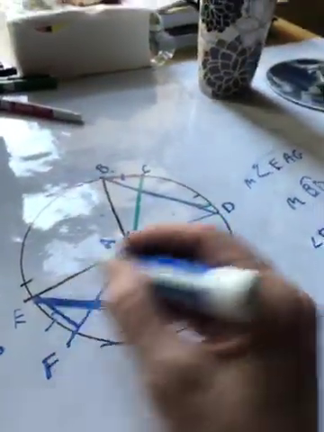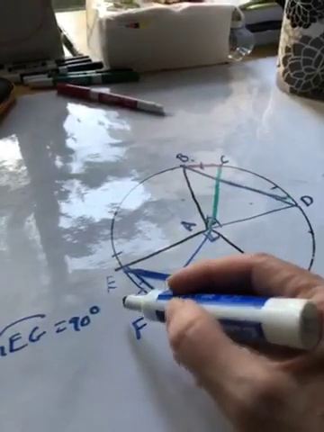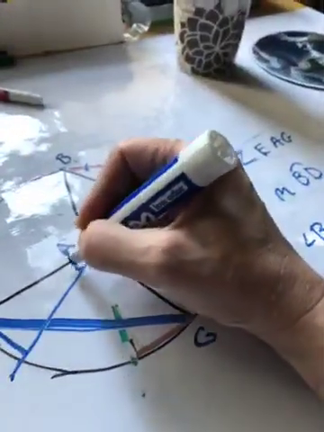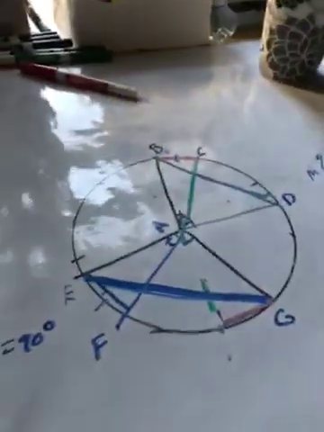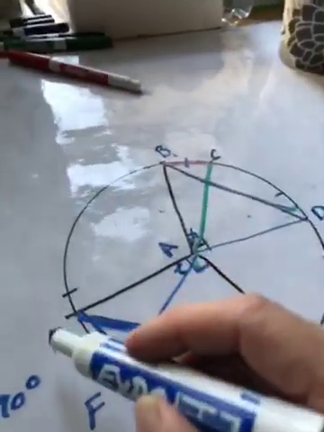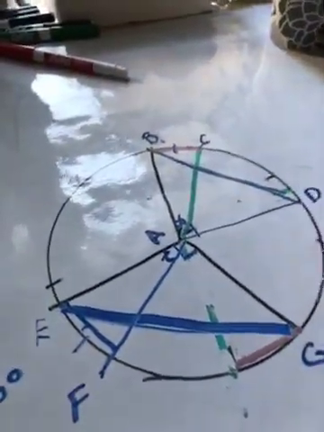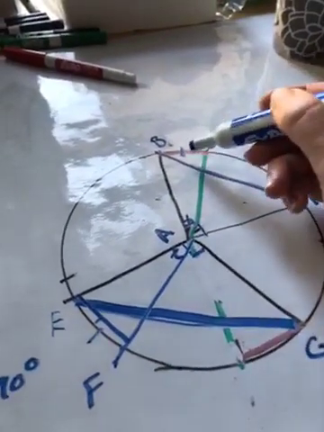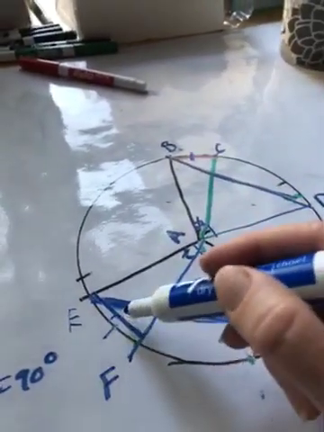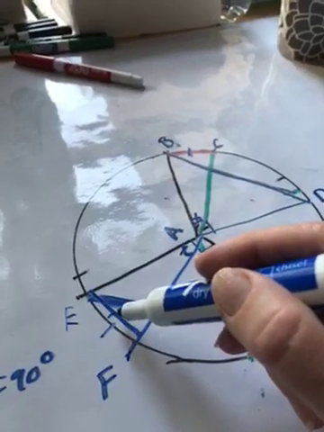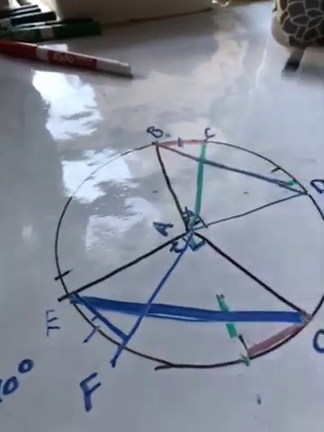So congruent segments give me congruent arcs, which means my angles are going to be congruent. So these two angles in here are congruent. And so we know EAF and BAC are congruent angles because the arcs are congruent, and then we can say those chords or the segments are congruent.